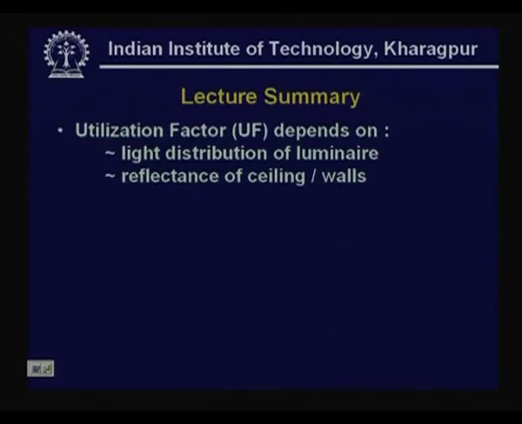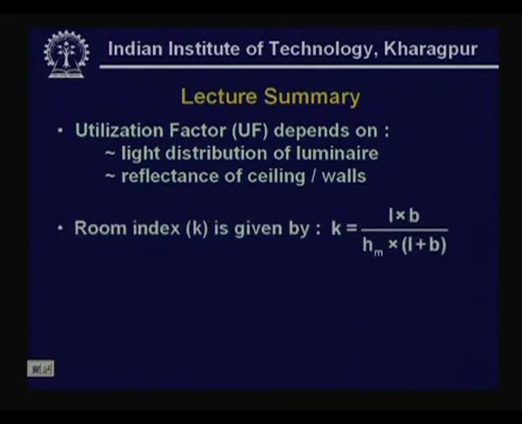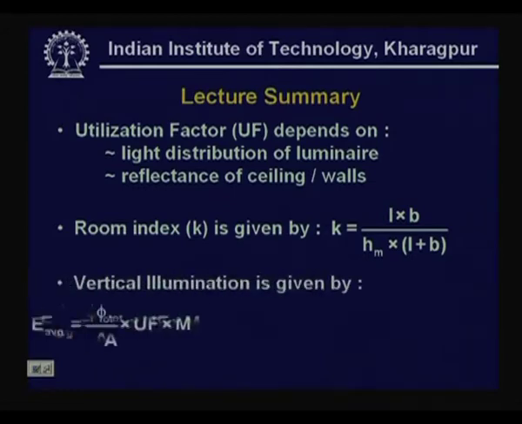The utilization factor depends on the light distribution of luminaires, the reflectance of the ceiling and walls, and the arrangement of lamps, which is usually in the form of a matrix, lengthwise and breadthwise. Room index is given in terms of the length, breadth, and the mounting height.